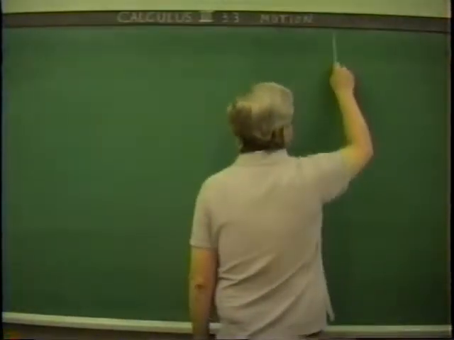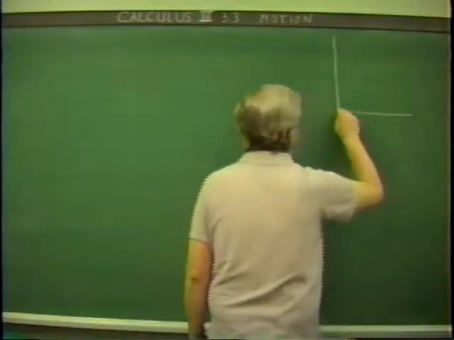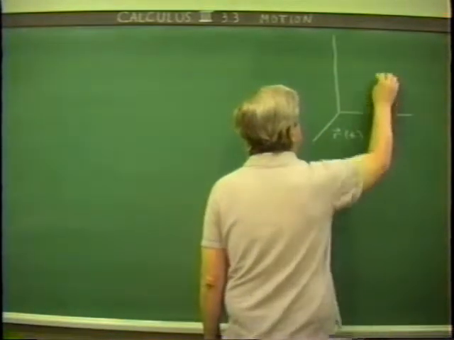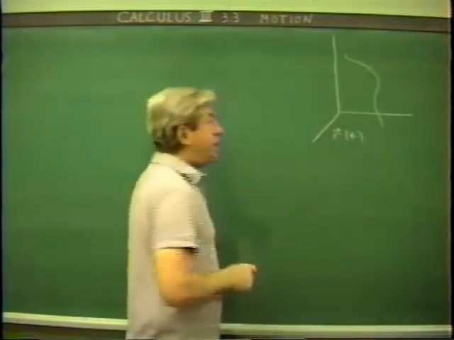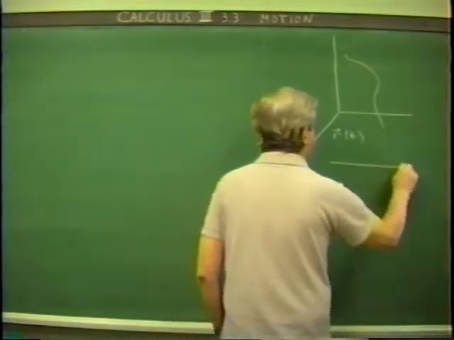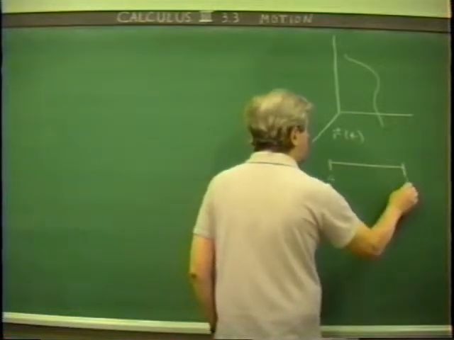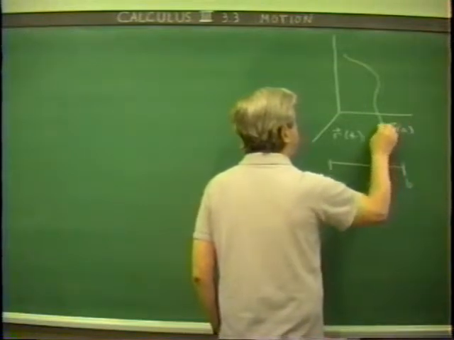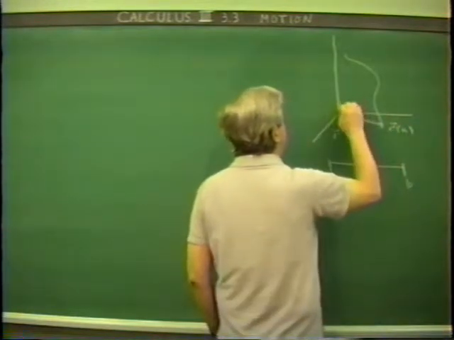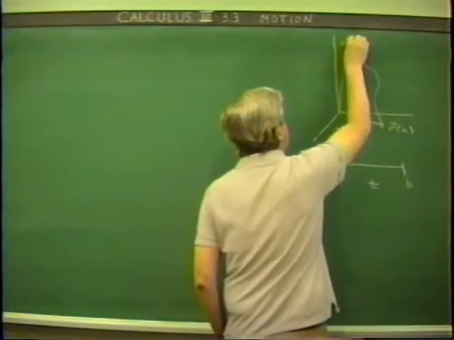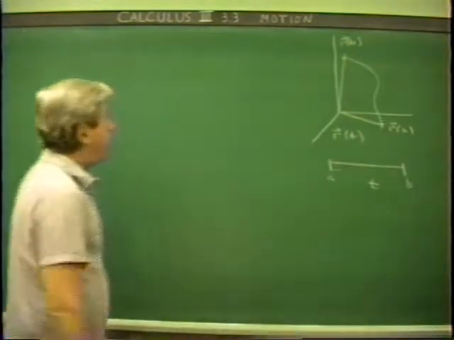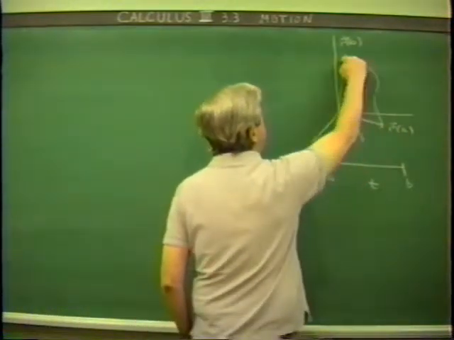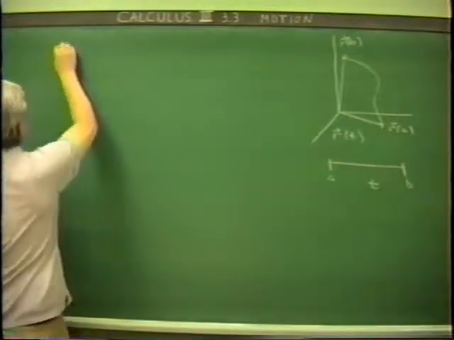If we now take a vector value function r of t, this is designating the position in three-dimensional space. What we end up describing here is some sort of motion. If we think of t as time, where t is in an interval ab, where r of a is this vector over here, and r of b is this vector over here. And what we're dealing with then is some sort of motion from this point along the curve over to here.